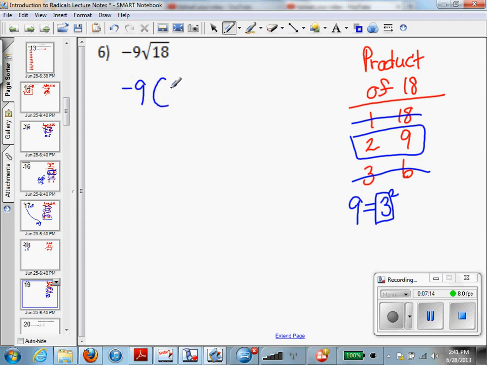Well, we have that 9. Let's go ahead and pull the 3 out right beside it. And what do we leave inside? We leave inside the number we were not able to work with, or just the 2. So now we have to simplify this multiplication of negative 9 times 3, and a negative times a positive is a negative, so 9 times 3 is 27. And then you leave the square root as it is.